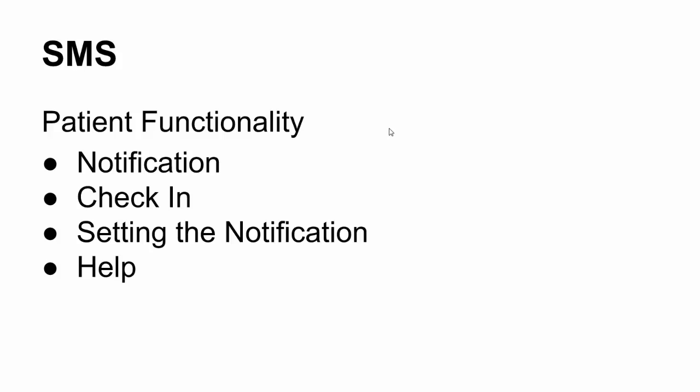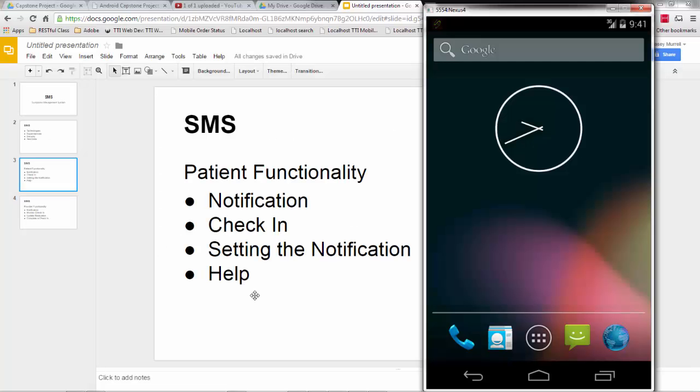Now moving on to the patient functionality of SMS. I'll display the notification, check-in, setting the interval of the notification, as well as the help. For demonstration purposes, I'm using a Nexus 4 device within the emulator.